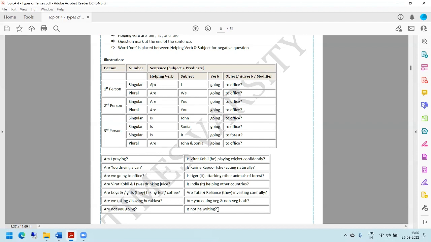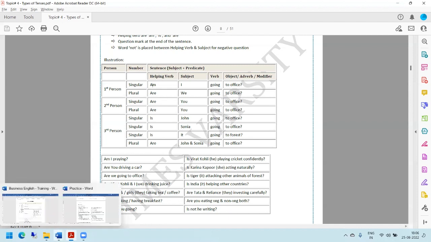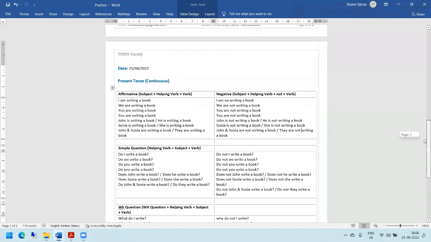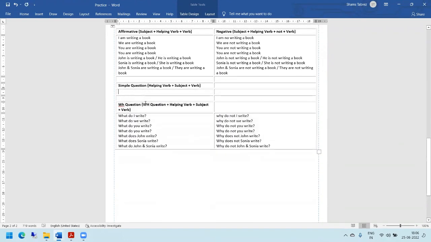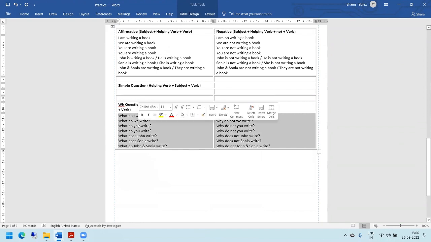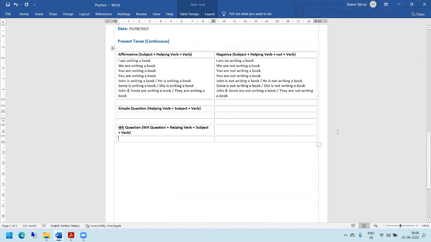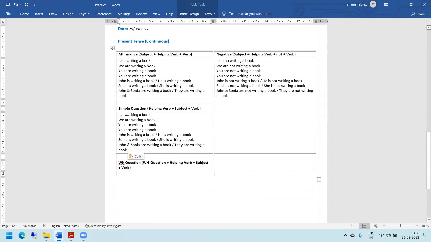So, is not he writing? Are not you going? If we are adding not to it. Okay, so now let's test here. So in present continuous, if I take the affirmative, what we need to do is simply take this helping verb and write it before the subject.